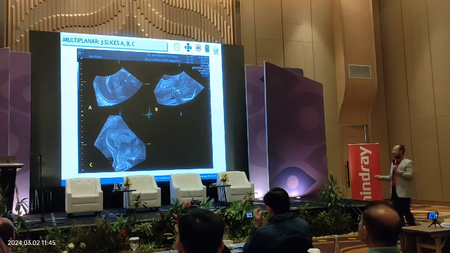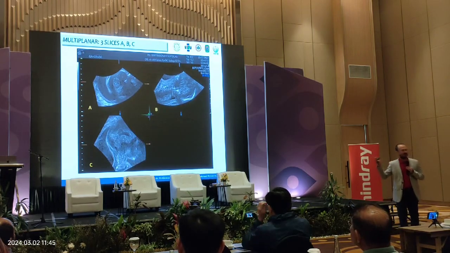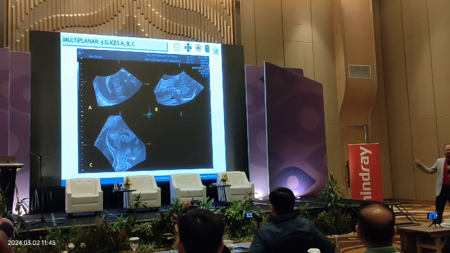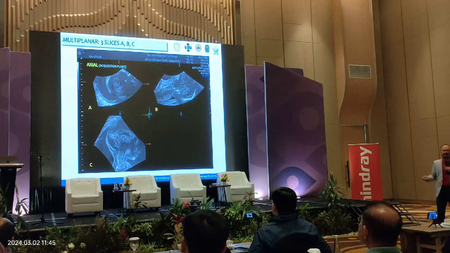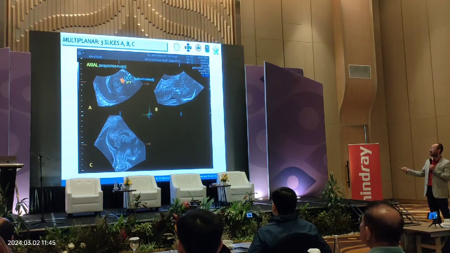Now, I want to know from the participants, the audience, whether this is multiplanar or tomography. This is multiplanar. The acquisition plane is here. The point of interest is here, with the dot in the fourth ventricle.